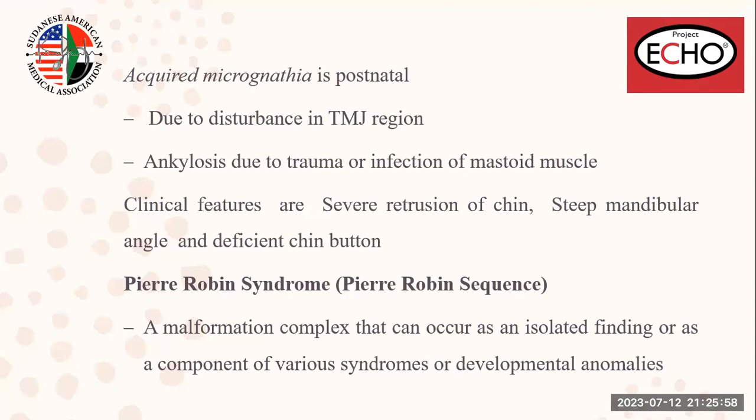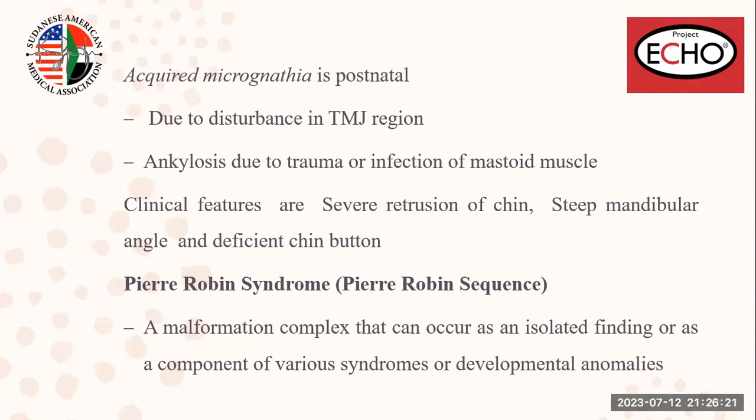I'll give you an example of a disease or syndrome that has micrognathia that will represent this group for you. It's called Pierre-Robin syndrome or Pierre-Robin sequence. It's a malformation complex that can occur as an isolated finding or as a component of various syndromes or developmental anomalies.